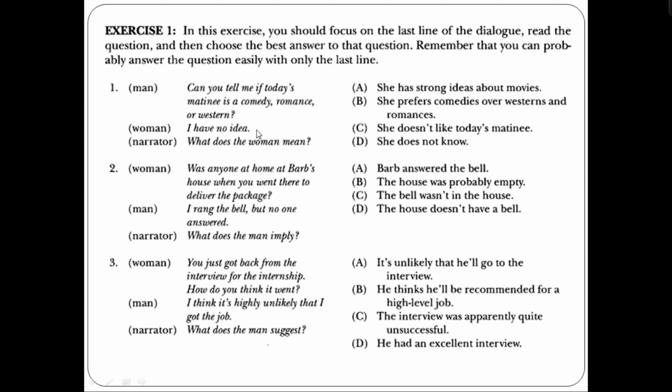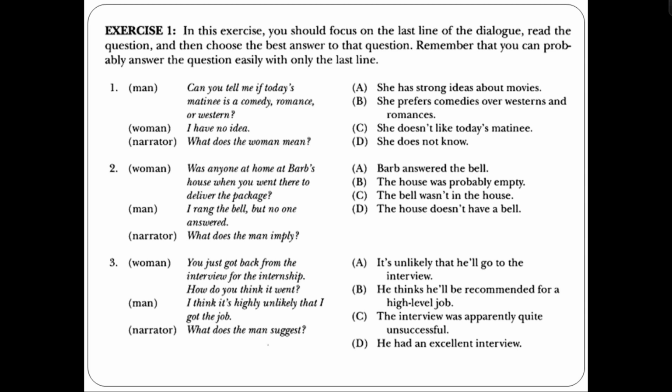What is the answer? A, she has strong ideas about the movie. B, she prefers comedy or western. C, she doesn't like today's matinee. D, she does not know. Yes, the answer is D, because she explained that she has no idea. Okay, good. Now let's go to number 2.